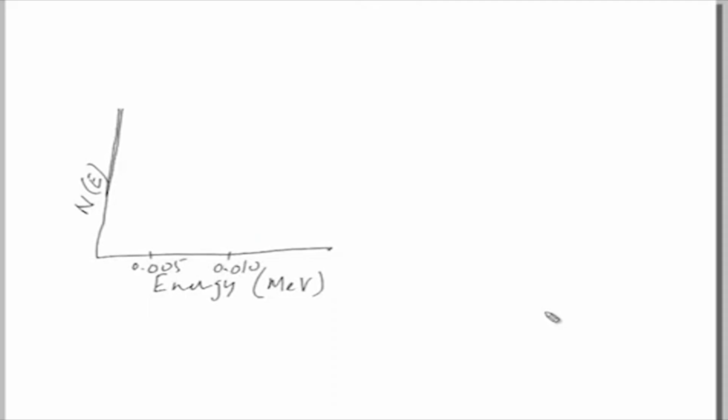If I plot for 3H, the plot looks something like this, a very approximate plot. This will be E maximum, which comes around 0.018 million electron volt.